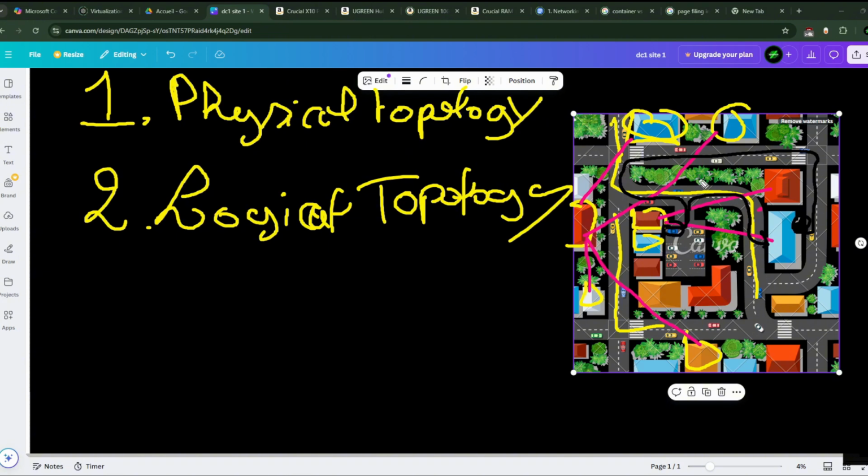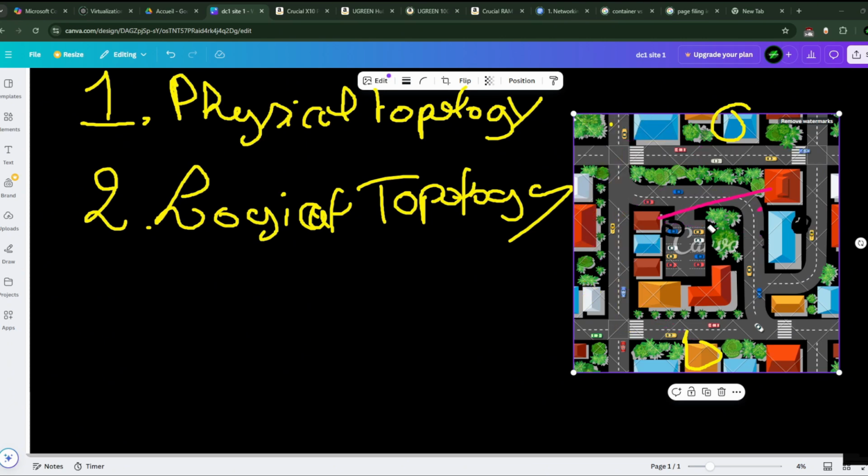But in reality, guys, what is happening? If you take, for example, your home network, let's say, very simple, you are with your family and you have a house.